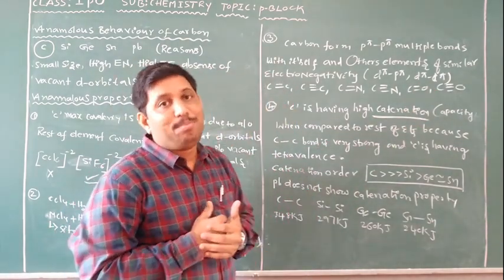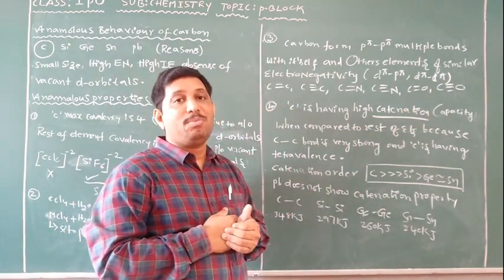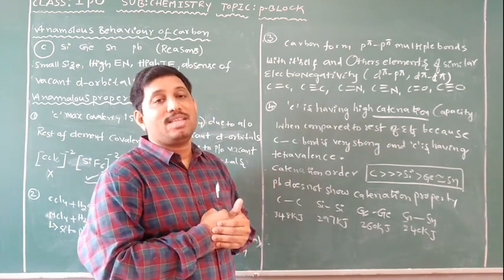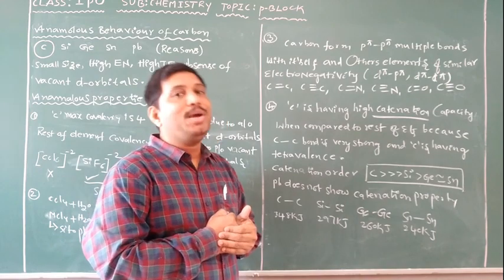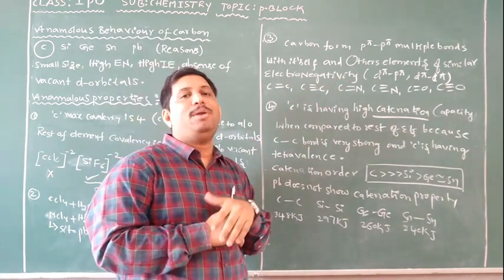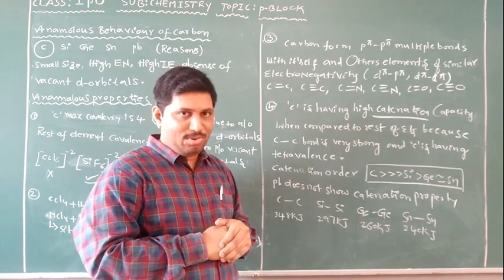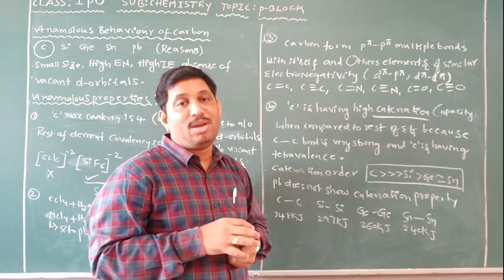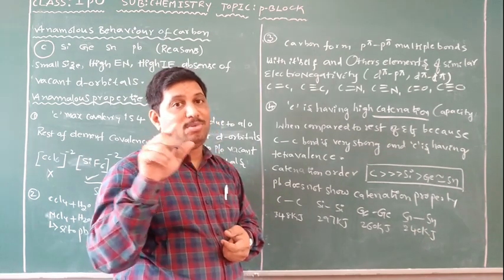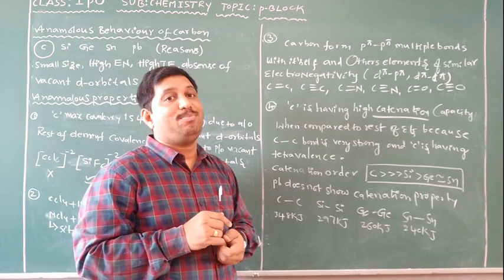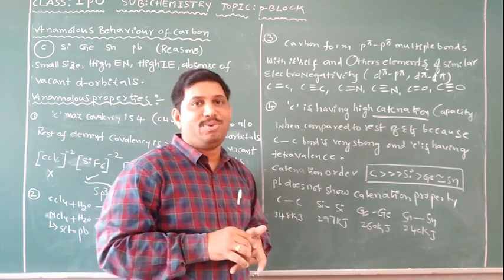Therefore, p-pi multiple bonds form between carbon itself and other elements of similar size and nearly the same electronegativity, whereas the rest of the elements can form d-pi p-pi bonds and d-pi d-pi bonds. We discussed this in detail in the introduction, and the strength of these pi bonds also. P-pi p-pi bond is stronger than p-pi d-pi bond, which is stronger than d-pi d-pi bond. Once again, verify the previous video, students.